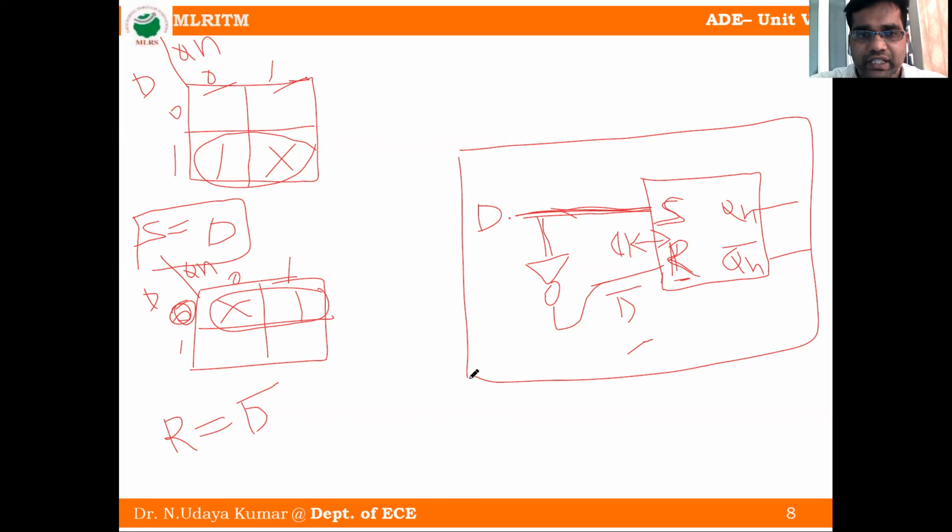Now we will see some other conversion: SR flip-flop to T flip-flop. That means this is the destination flip-flop and this is the source flip-flop. First, write the truth table for the destination flip-flop.